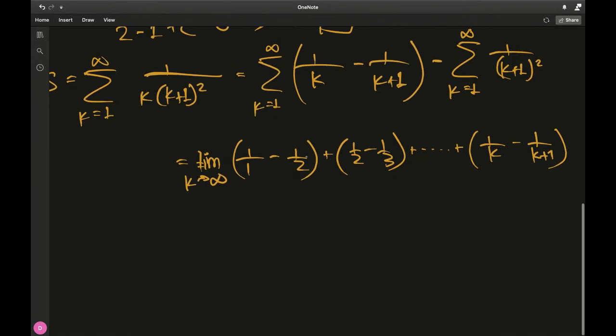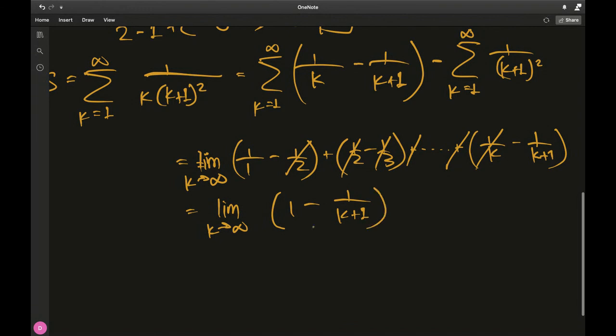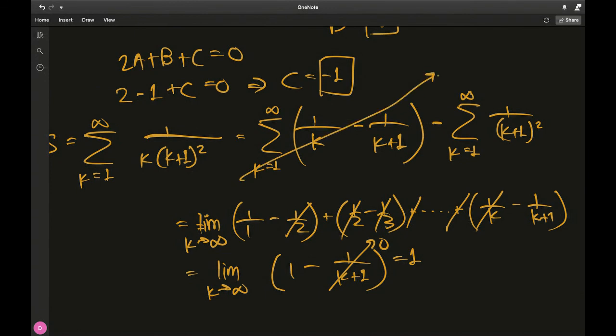So notice this cancels out with the next term, this will cancel out with the term before it, ending us up with a limit as k goes to infinity of 1 minus 1 over k plus 1. Well, in the limit that k goes to infinity, this will just go to 0, just giving us 1. So this entire thing will telescope to 1.